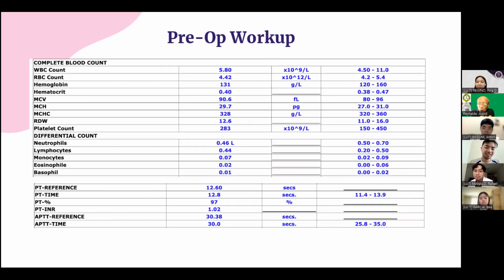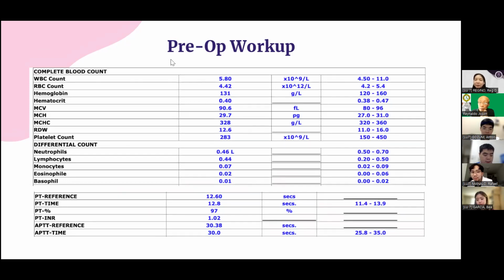You're exposed in an environment in which there are a lot of things being done that are not really necessary, diba? Does he have comorbidities aside from the breast cancer? Wala po. So you don't need all these pre-op workups anymore. Ito yung mga clearance, di ba? Okay. So this will turn out to be negative lahat yan.